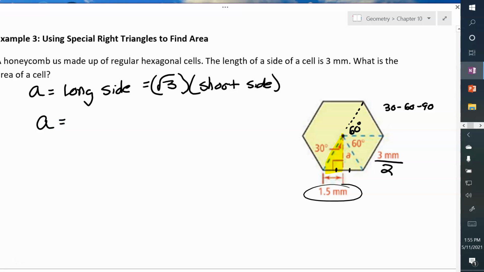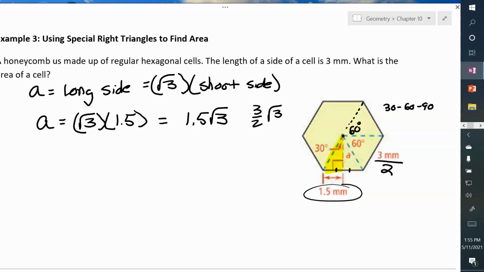So our apothem is going to be root 3 times 1.5, which you can just write as 1.5 root 3. Some people don't like that, and they might be more comfortable with saying 3 over 2 times root 3. They're both the same. And so now I have my apothem. The next thing I need is the perimeter.